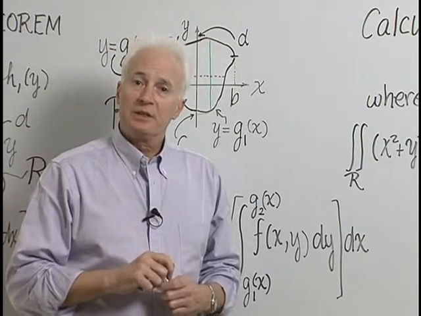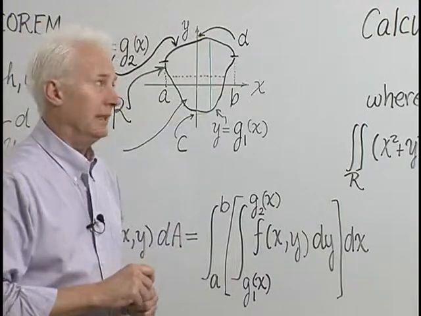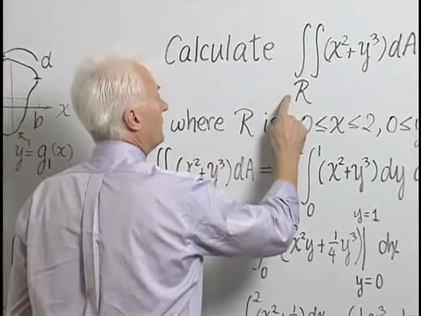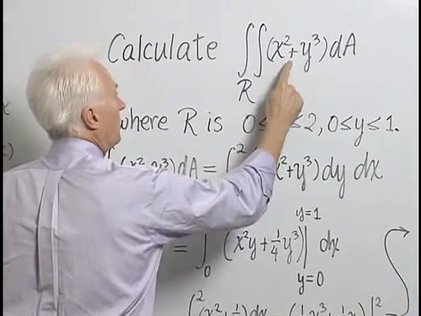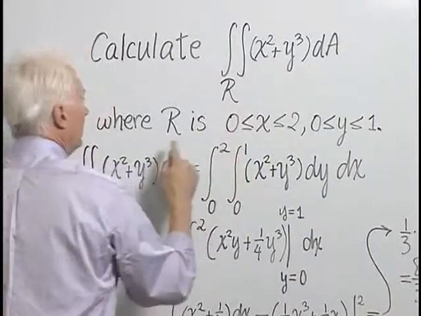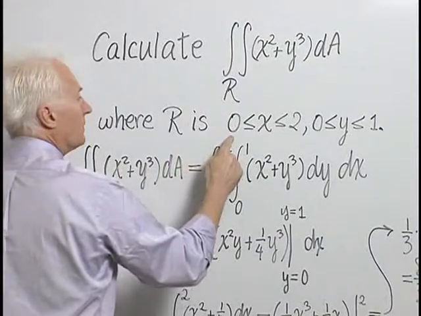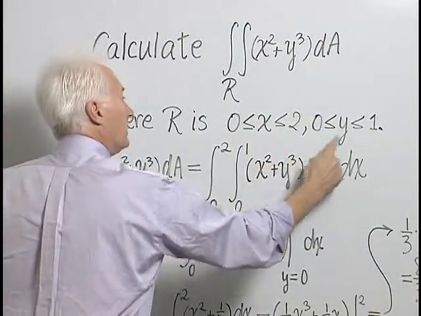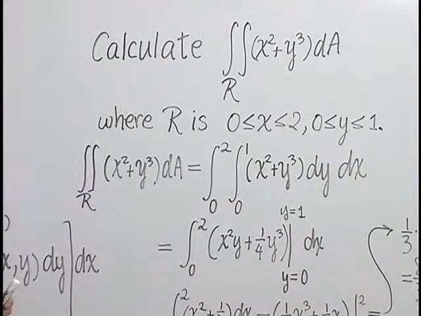Now let's look at a specific example of how we calculate. Let's calculate the double integral over the region R of x squared plus y cubed dA, where R is the region 0 less than or equal to x less than or equal to 2, and y between 0 and 1.